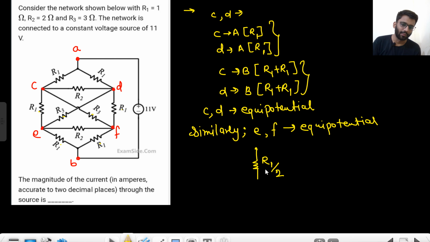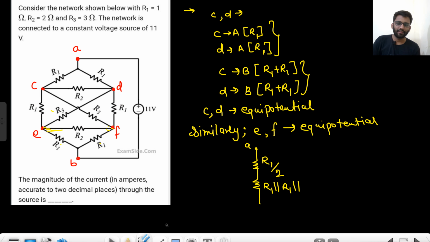R1 by 2. This is A. Then we have R1 by 2. This R1 and R1 came in parallel, this R3 and R3 came in parallel. This R2 is gone because both of them are the same node now. So only R1, R1, R3, R3 are left, right?